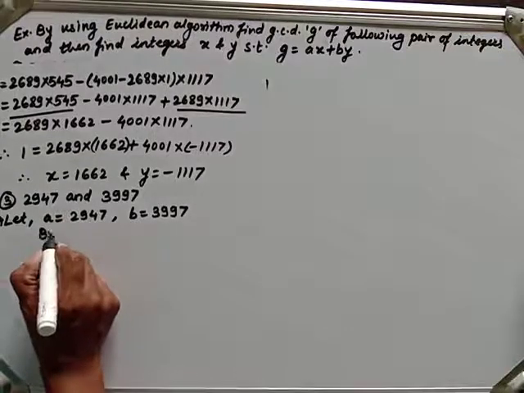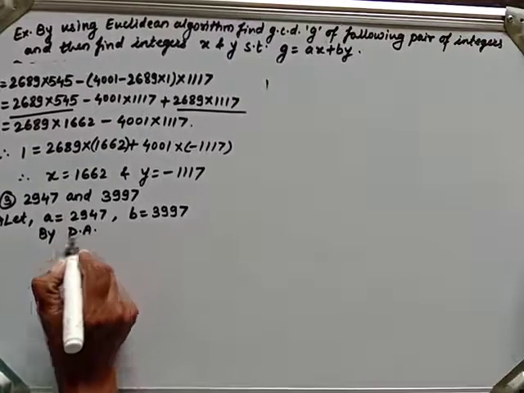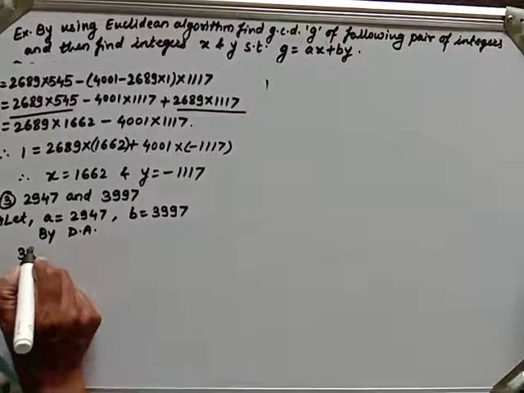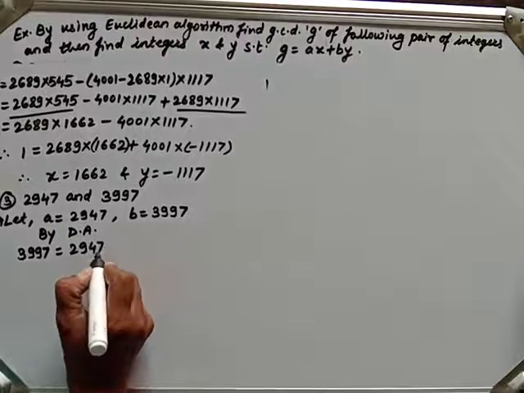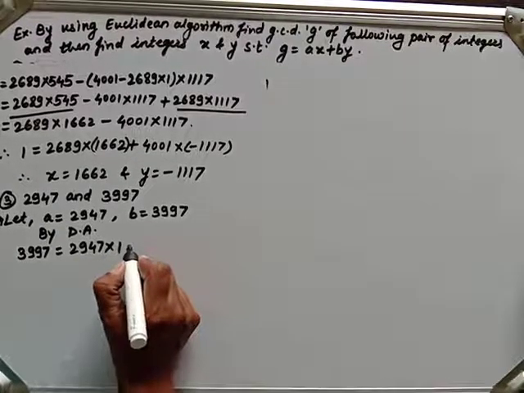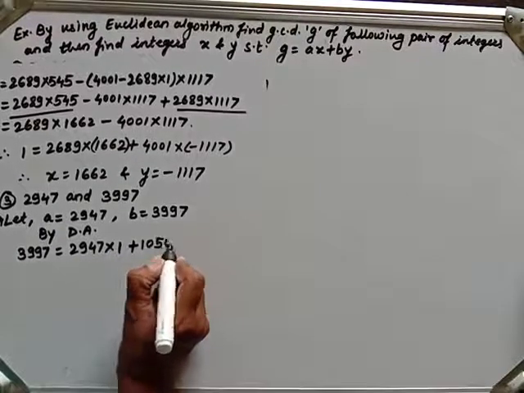By division algorithm we get 3997 is equal to 2947 multiplied by obviously 1, and the remainder is 1050.